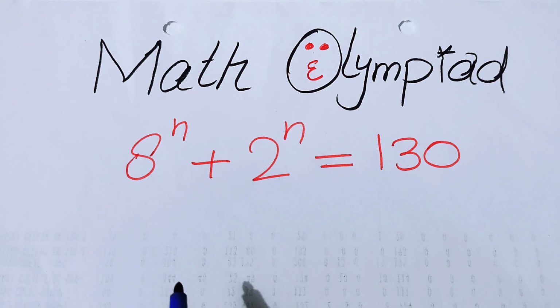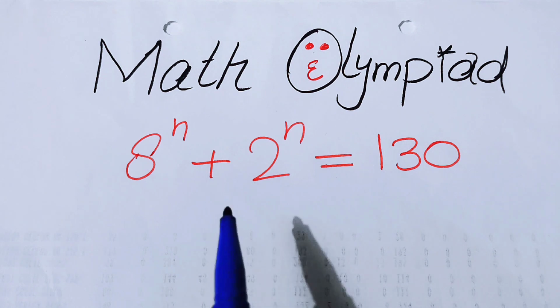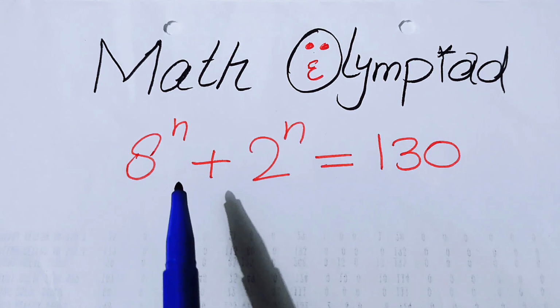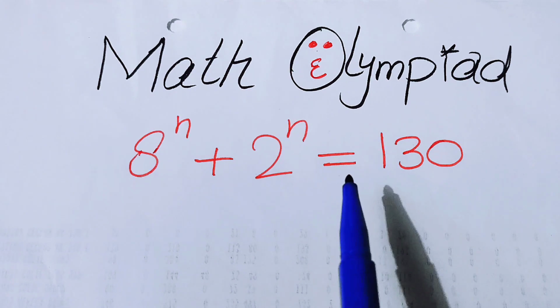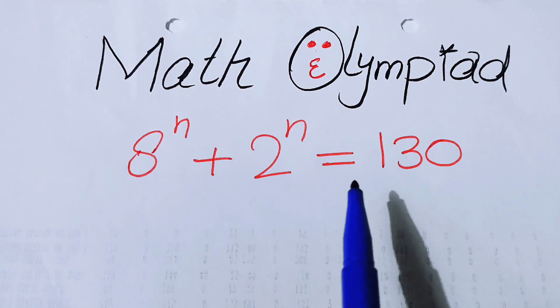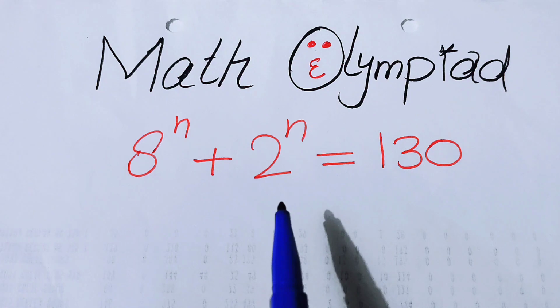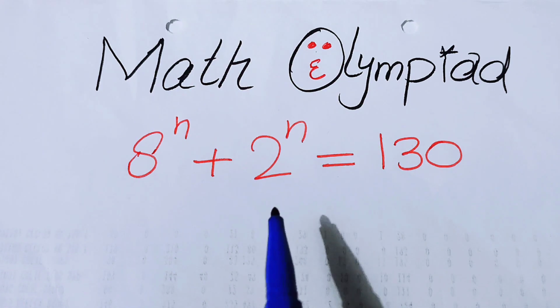In this video we are going to solve this nice algebra problem, and here we have 8 to the power of n plus 2 to the power of n is equal to 130, and we will solve this problem for the values of n, or real values of n.